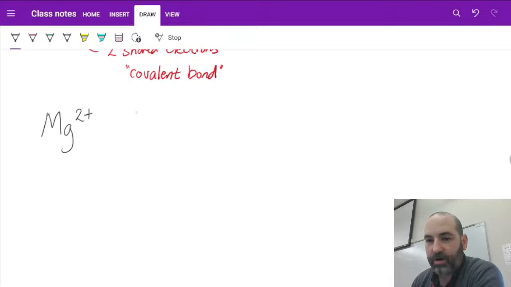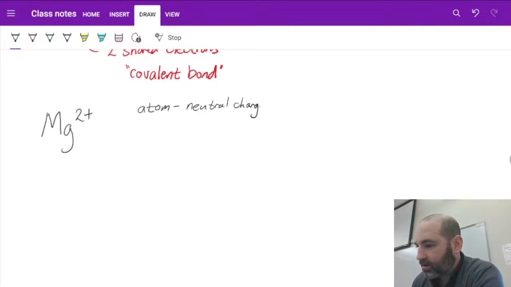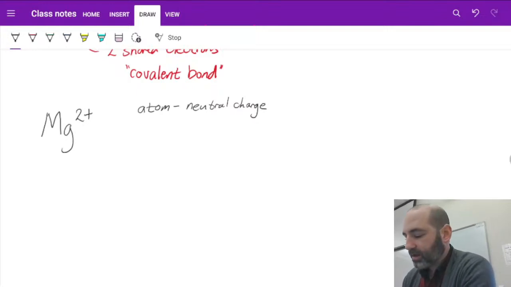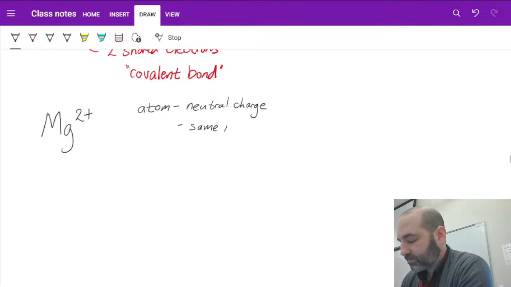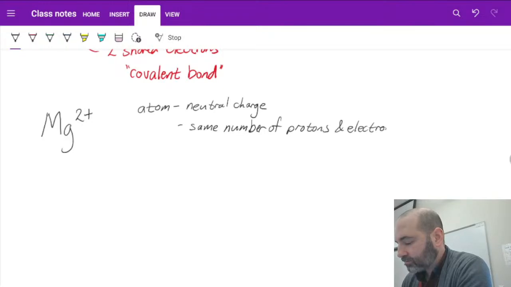So just to review our terminology again, when we say atom, we're referring to something that has a neutral charge. In terms of the subatomic particles, this means the same number of protons and electrons.